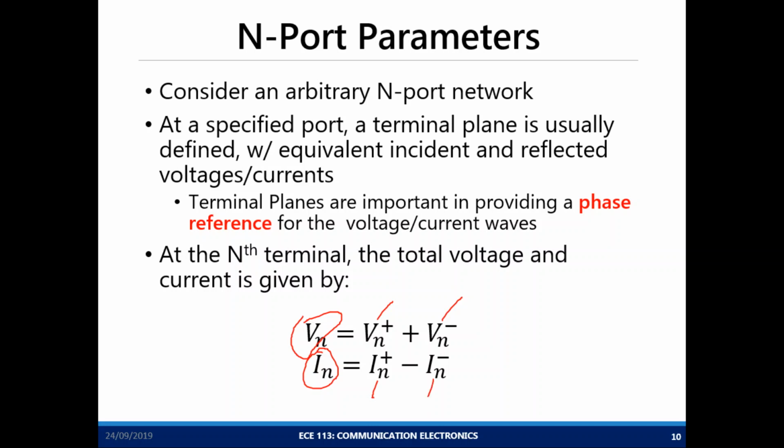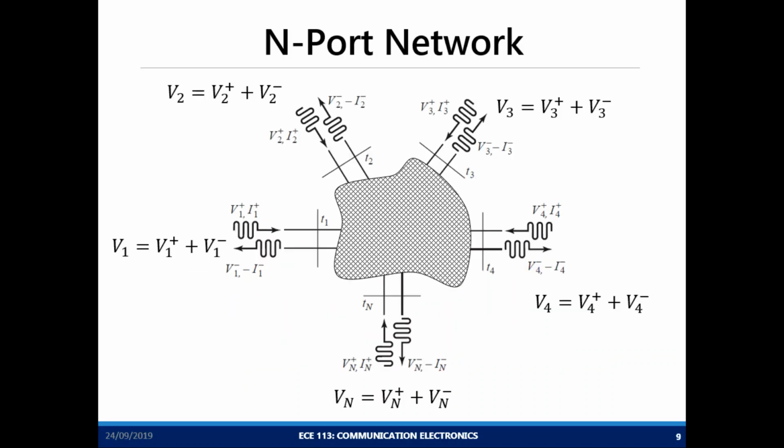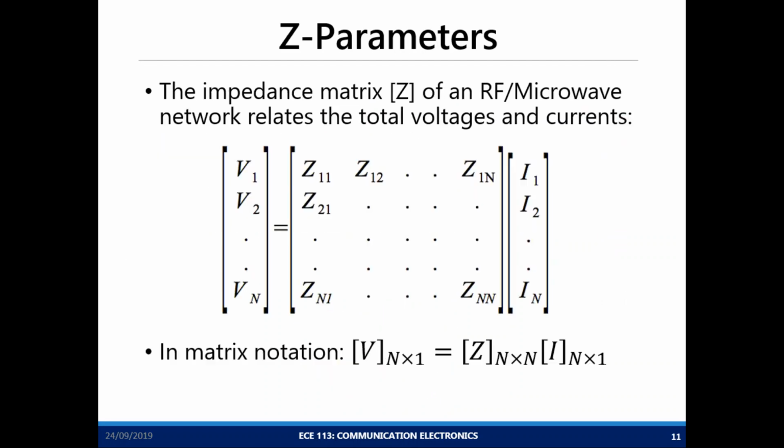The easiest set of parameters to define is the impedance matrix. So the impedance matrix is defined by this equation. If we measure the voltages at each port and put them in a column matrix, it becomes a column vector.